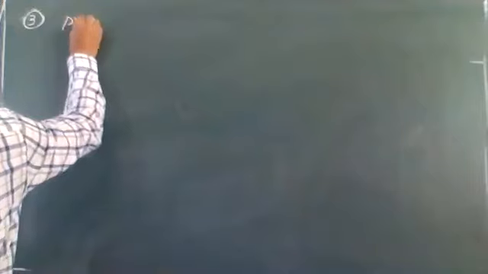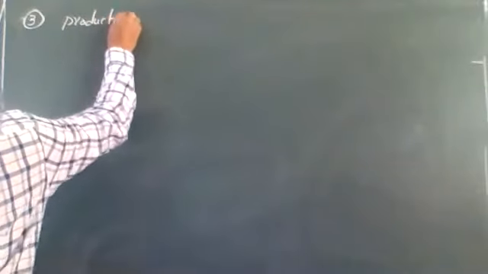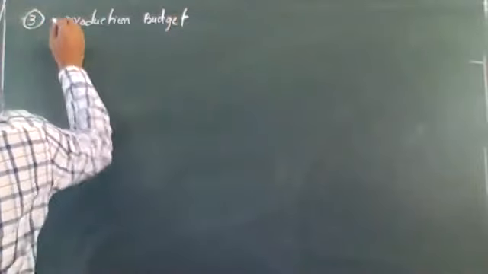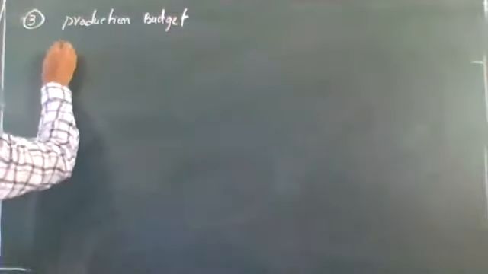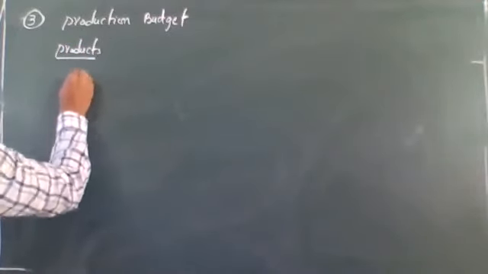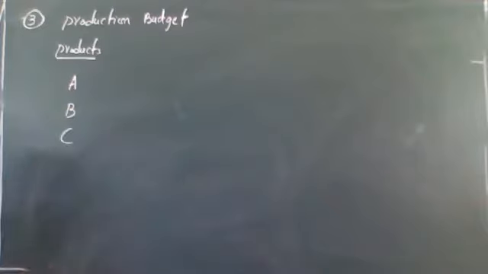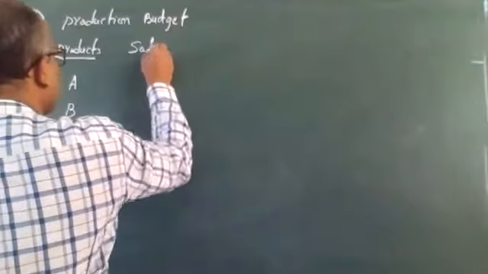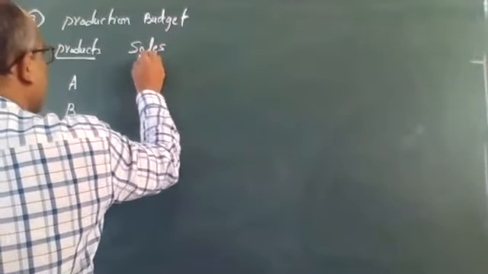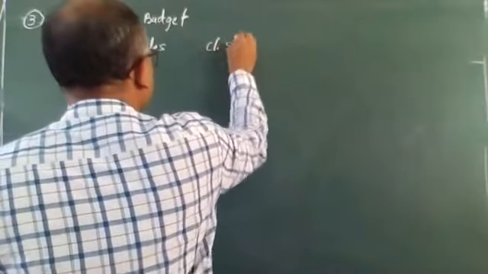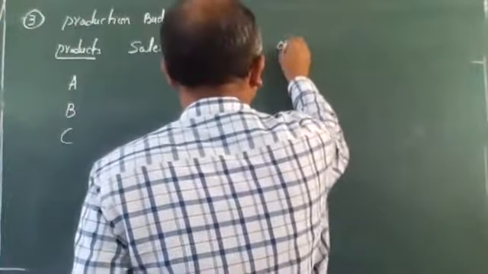A very simple question. So you are preparing a production budget. And what would be the format? You have 3 products. So my products are A, B, and C. We have sales units. What is the next column I need? Closing stock of finished products. What is the next column I need?